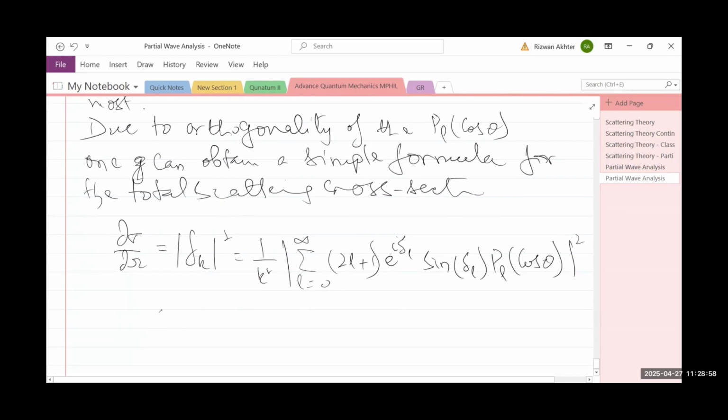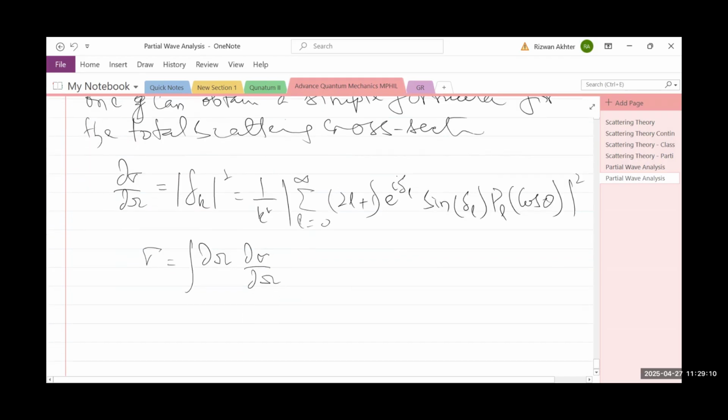Therefore sigma, the total scattering cross section, would be the integral d omega of d sigma over d omega, and this can be written as 4 pi over k square, sum over L going from 0 to infinity, (2L plus 1) sine square delta L.